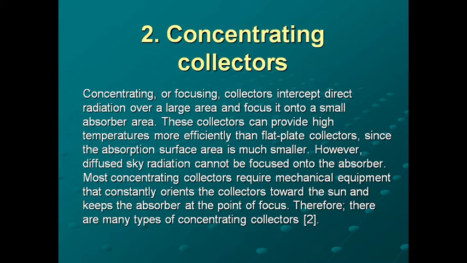These collectors can provide high temperature more efficiently than flat plate collectors since the absorption surface area is much smaller. However, diffused sky radiation cannot be focused onto the absorber. Most concentrating collectors require mechanical equipment that constantly orients the collectors toward the sun and keeps the absorber at the point of focus. Therefore, there are many types of concentrating collectors that we are going to see in the next slide.